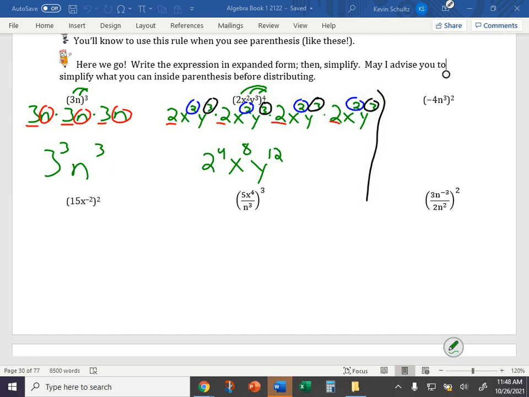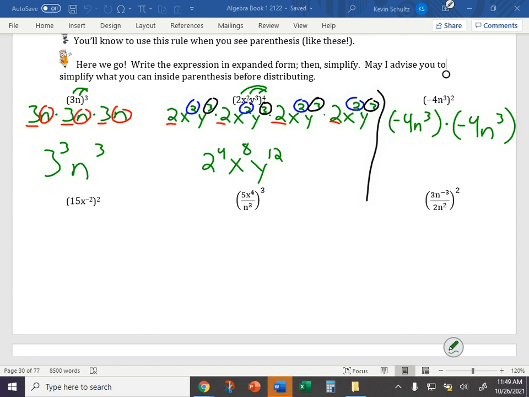What's being squared, like we've said, is everything inside of those parentheses. So we've got a negative 4n cubed times another negative 4n cubed. And the reason why I'm putting parentheses around this one where I didn't previously is because of that negative sign.